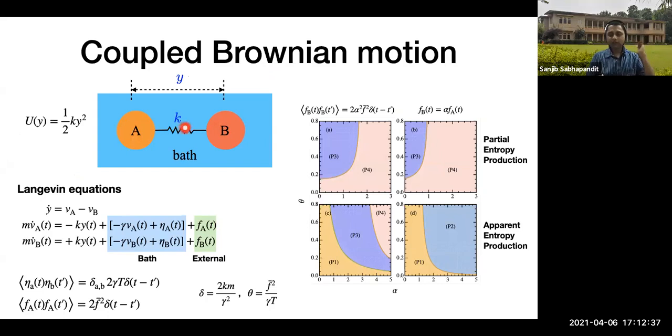And you take this k going to 0 limit, in the sense that you take delta, basically you just make it a dimensionless coupling. And you just look at the entropy production due to the system A. You can define this entropy production in a certain way, but let me not go into detail. And then you see that you can actually realize all these four regimes, possibilities, P1, P2, P3, P4.